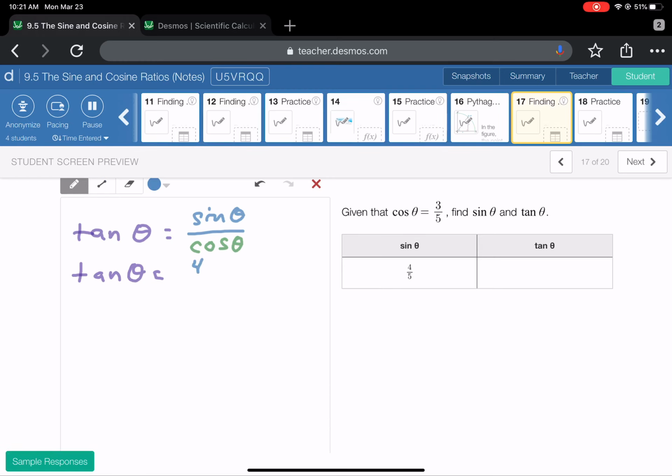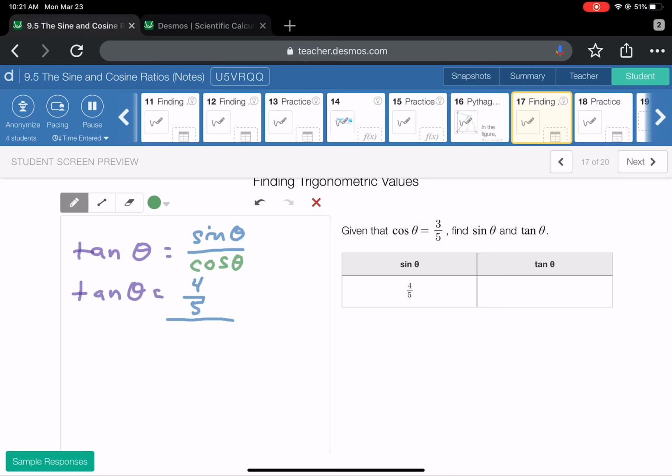I'm going to leave everything as a fraction until the very end. So 4 over 5 over, and then cosine was what we were first given, 3 over 5. Because these both have a 5 in the denominator, those basically get eliminated. So then tangent theta is just equal to 4 over 3.